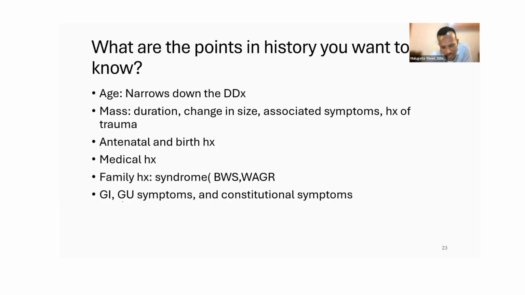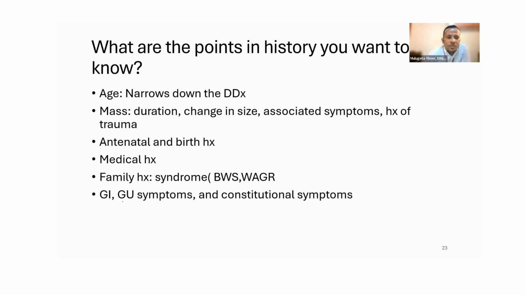We have said earlier that the majority of Wilms tumor patients are asymptomatic apart from the abdominal mass, but sometimes they could have systemic manifestations like weight loss, especially in settings like ours. When patients come very late, they could have significant weight loss and loss of appetite.